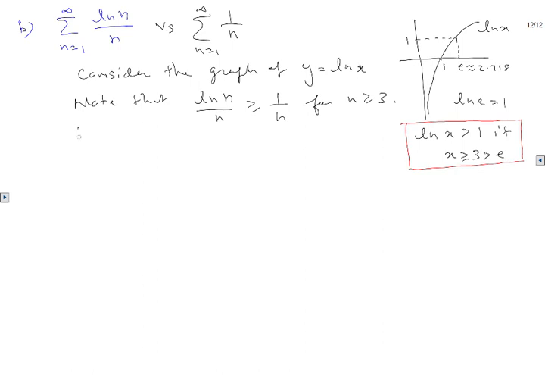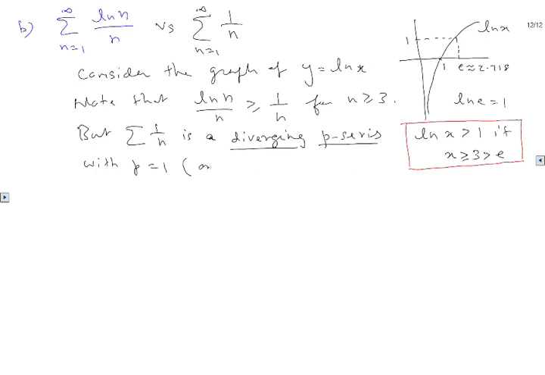But the series sigma 1 over n is a diverging p-series with p equal 1, or you can say this is the harmonic series. We know that the harmonic series is diverging. So that's another way to say it.